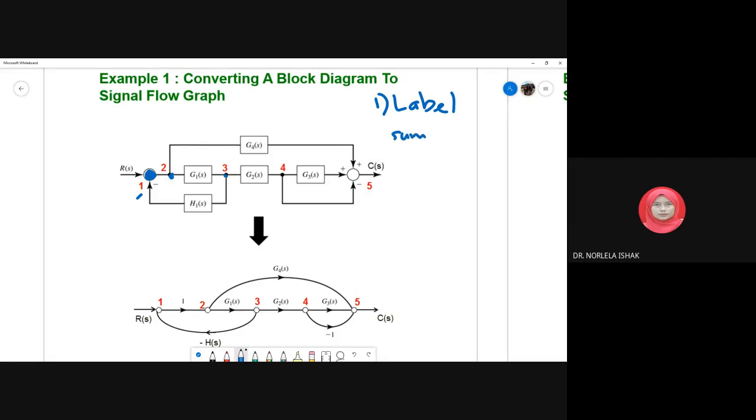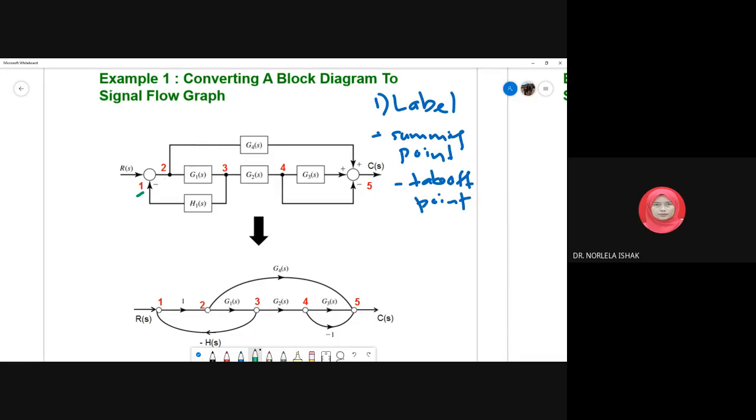label summing point and label takeoff point. So the first one is summing, I label with number 1.